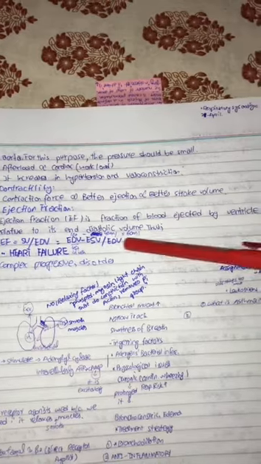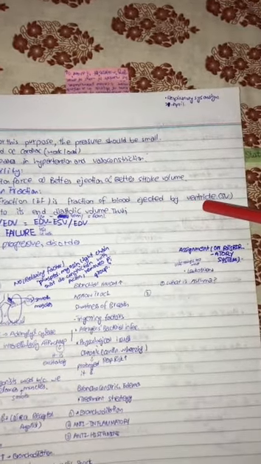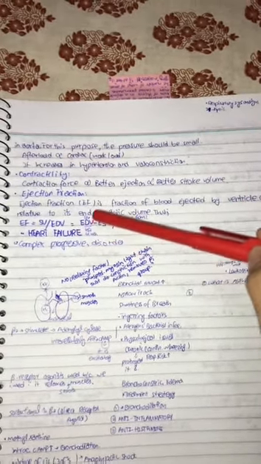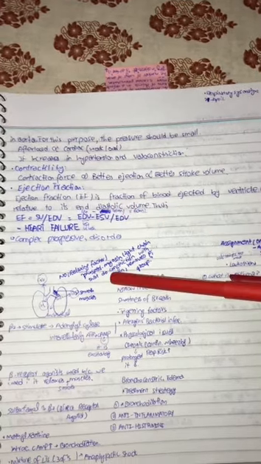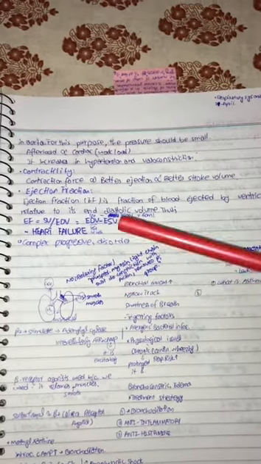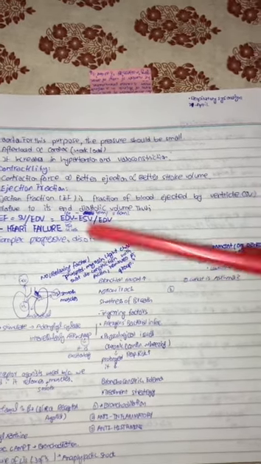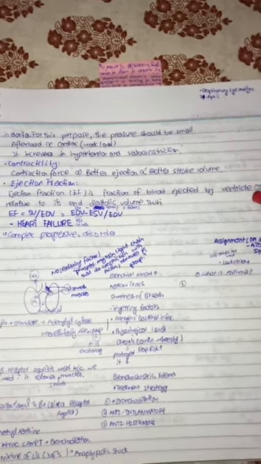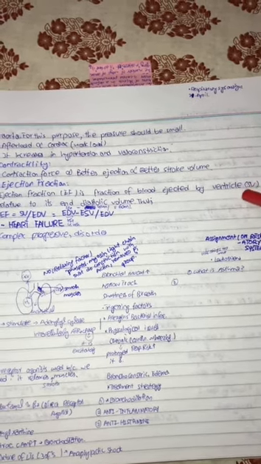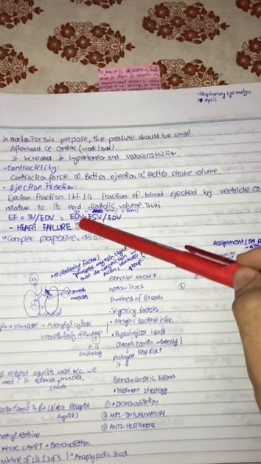Ejection fraction is the fraction of the blood ejected by the ventricles relative to its end diastolic volume. It means how much blood is ejected by the ventricle. SV means stroke volume, EDV minus ESV. What is EDV? End diastolic volume and end systolic volume.